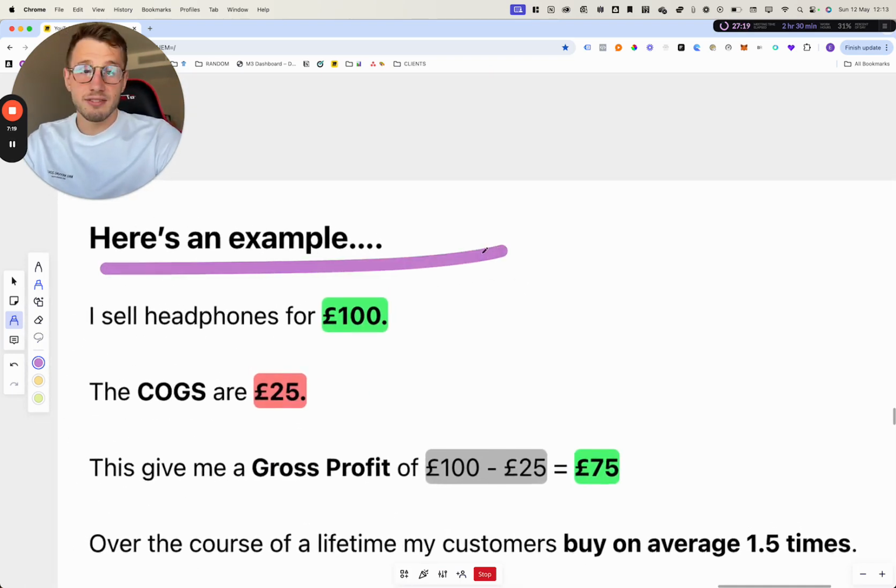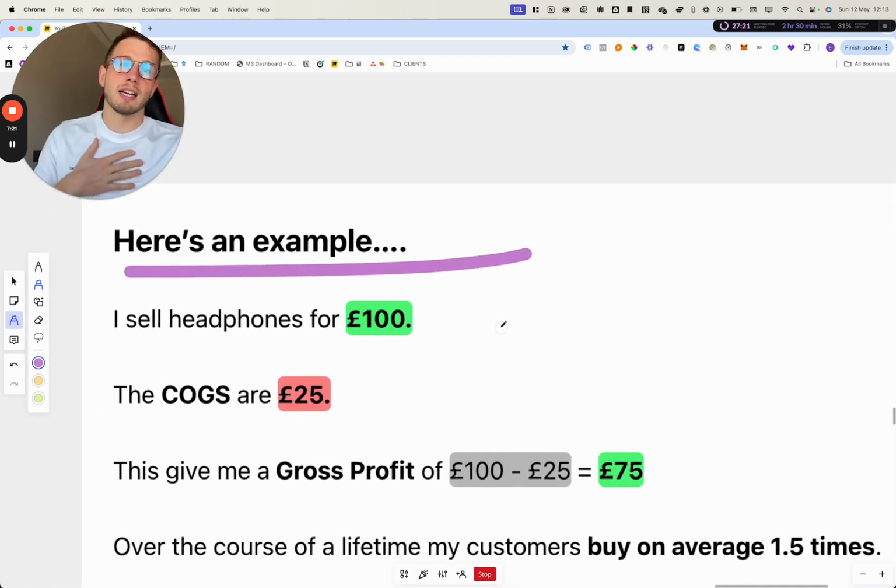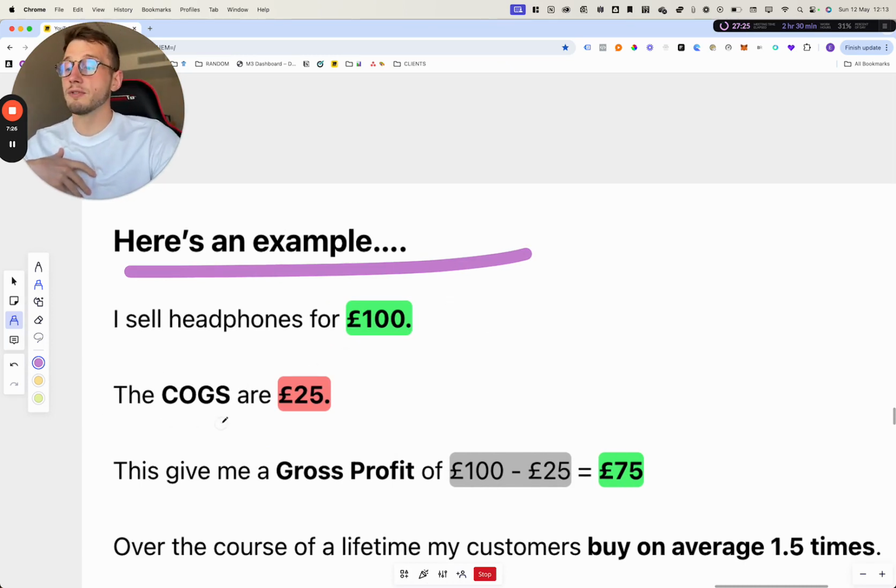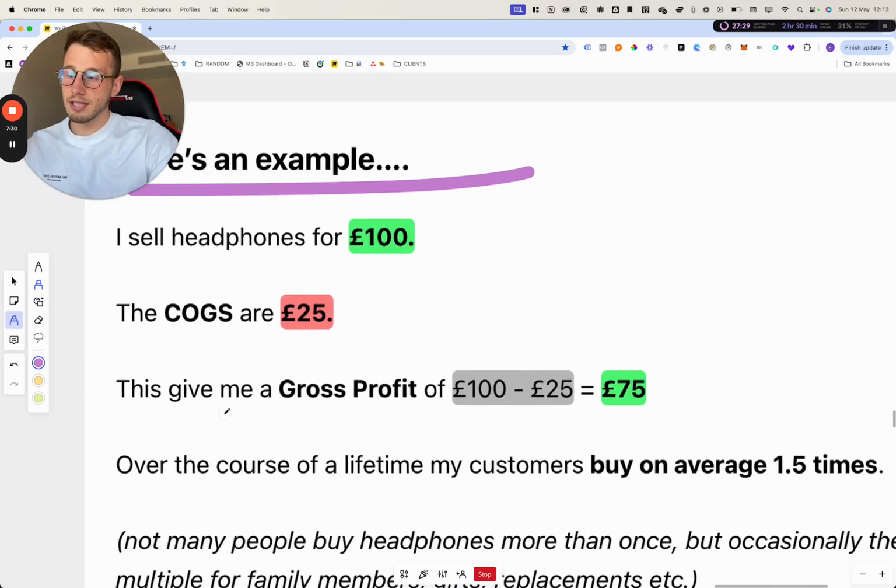So to bring this all to life, here's a very simple example. Imagine I sell headphones for £100. That is the price. My cost of goods sold is £25. Therefore, to calculate my gross profit, I take my £100 price minus the 25, and that gives me £75 gross profit per pair of headphones that I sell.